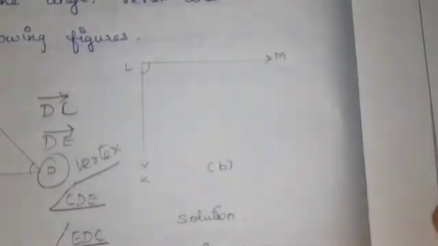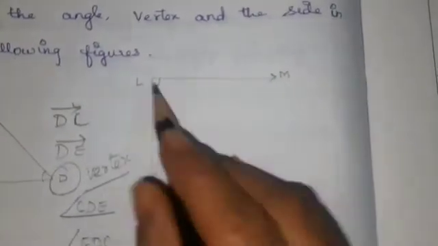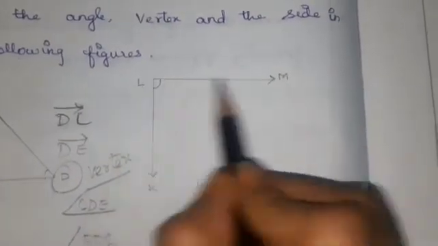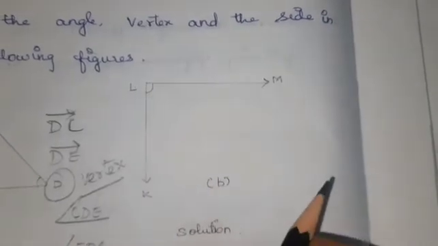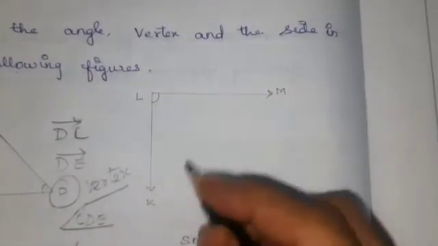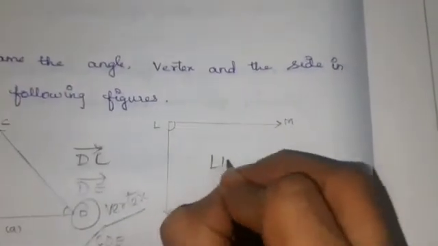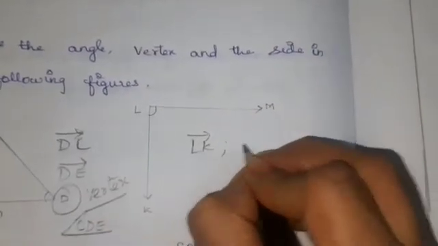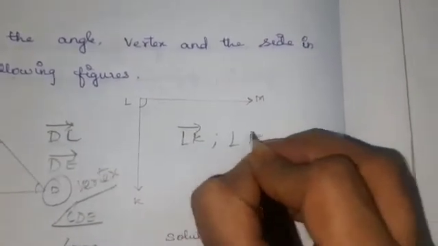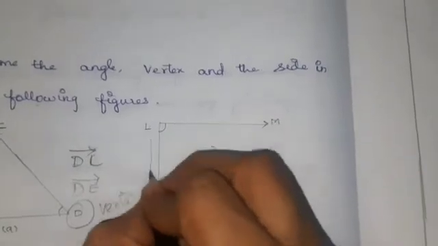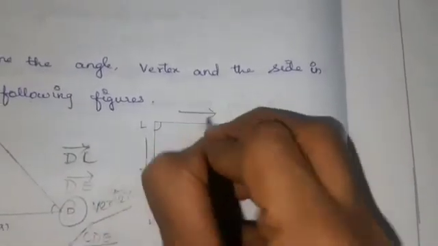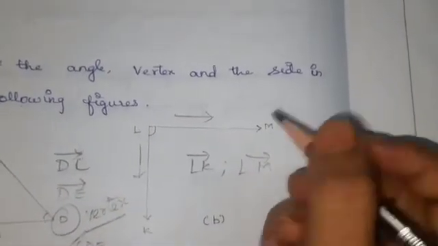Let's solve the second problem here. See here the given figure, L, M and K are marked. So what are the sides, students? LK and LM are the sides. So LK is a side and LM is another side.